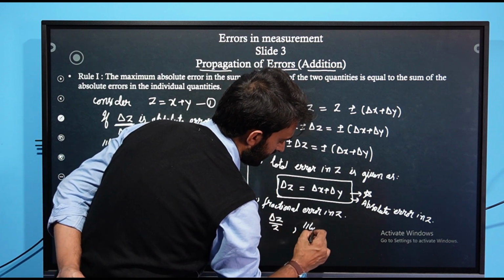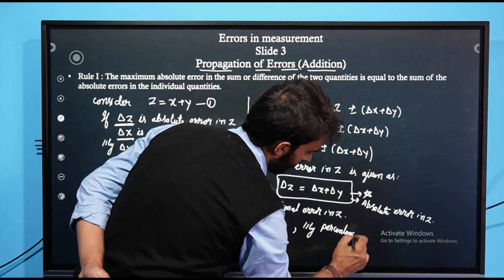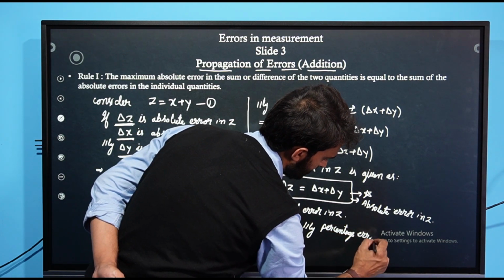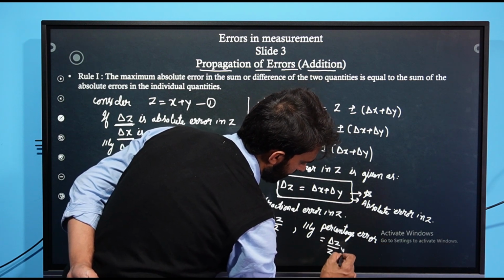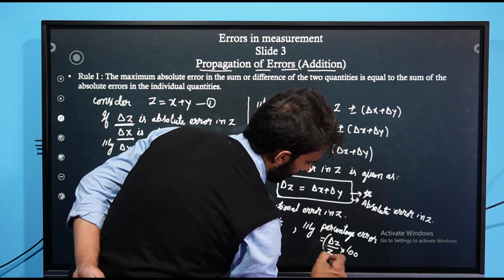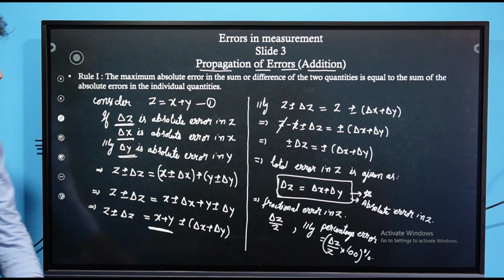Similarly, the percentage error will be written as delta z divided by z multiplied by 100 and the sign of this percent over here. So did you understand that?